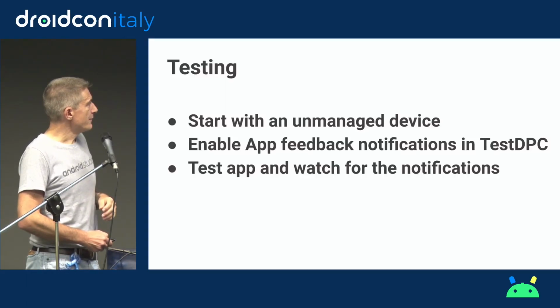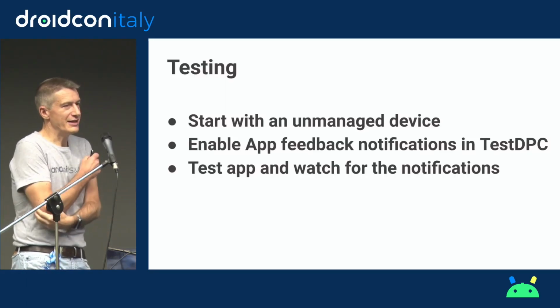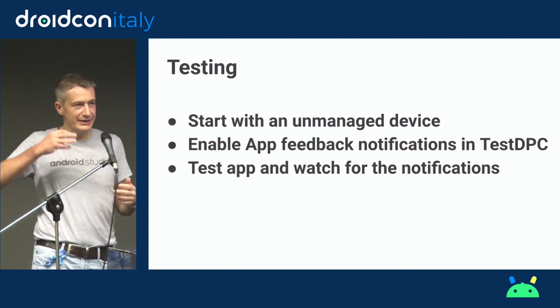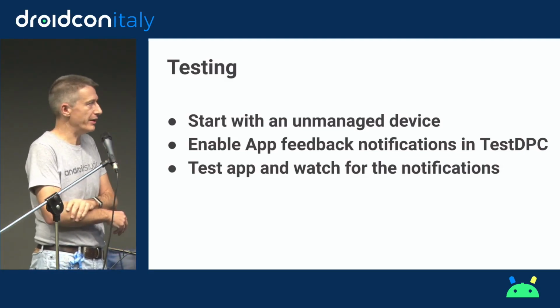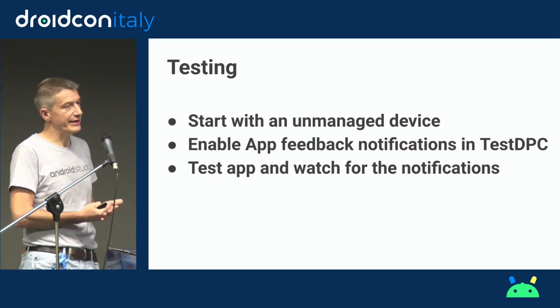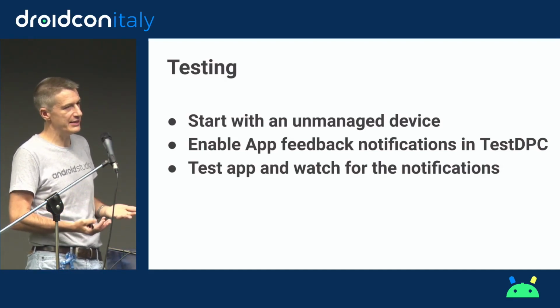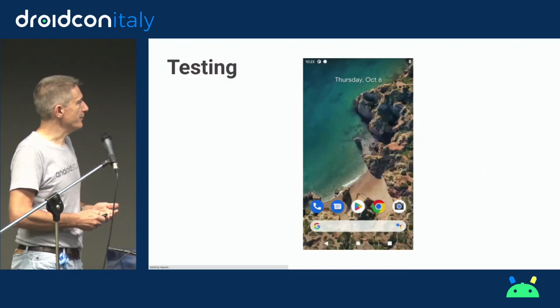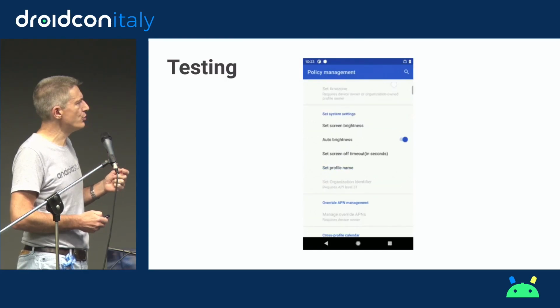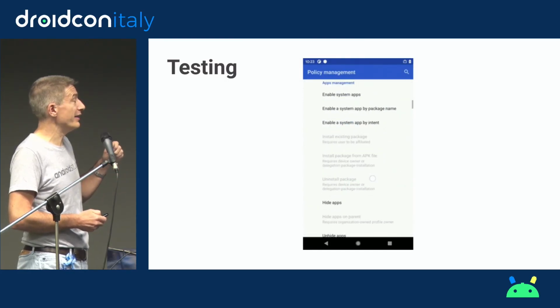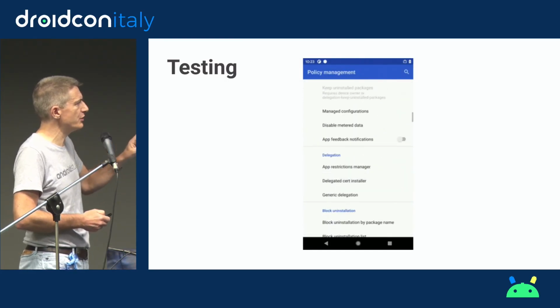Okay. Again, testing, because I don't want to send the data from the managed Google Play and wait for it to come back to the managed Google Play. And as you can guess, again, TestDPC can help me here.